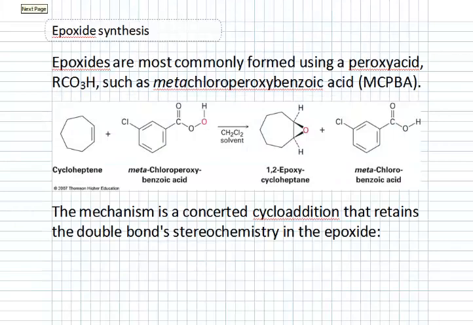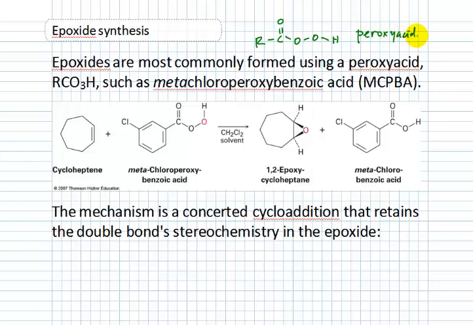Right? We've already seen how epoxides are formed, usually with a peroxy acid. So RCO3H looks like this. RC double bond O, then 2 adjacent O's with an H. That's a peroxy acid. Okay.